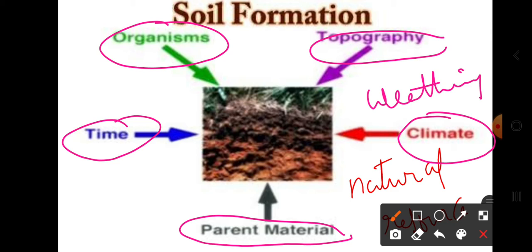So these are the different factors that influence soil formation. Such soil formation we call the weathering process. Climate, parental material, time, organisms, and topography are some of the key factors that influence soil formation. Okay, children.